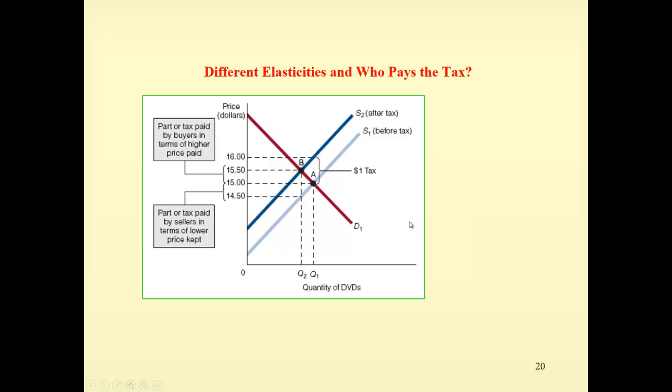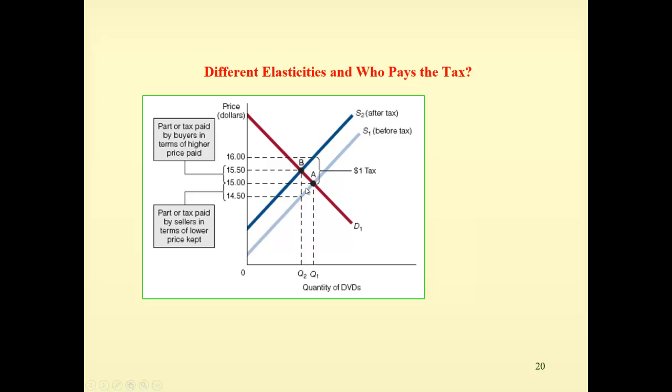So, with different elasticity, who pays the tax? If the tax is $1, for example, let's say originally the price is $15, now there is a $1 tax, supply shifts to the left by that $1, and then the new equilibrium is at point B. Now the new price is $15.50 and Q2 is the new equilibrium.